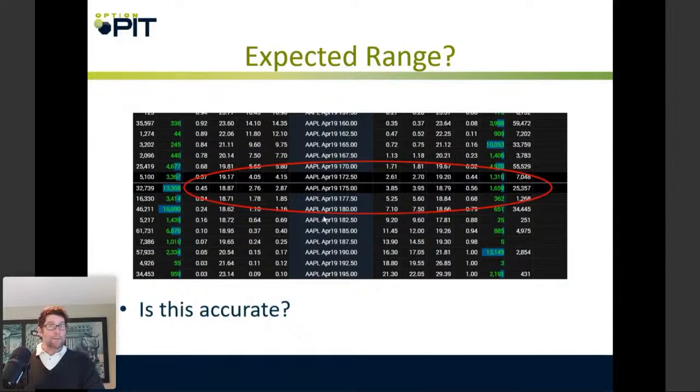If I look at the 172.5 straddle, it is $6.85. So that means $6.85 or less will hold most of the moves. So that's 6.85 up, 6.85 down, just like the initial example we have on slide 2, but the total number there means the range is going to be twice that number.